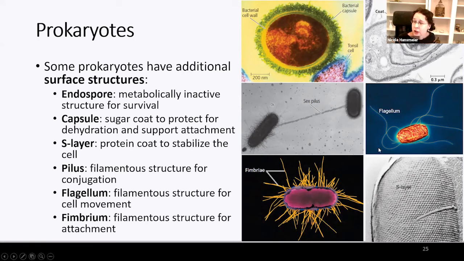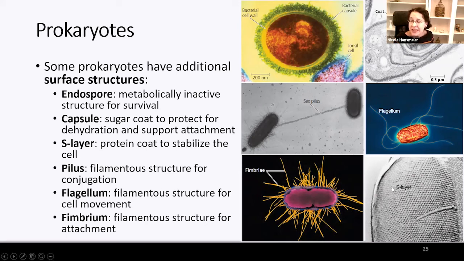And here you see a lot of other stuff. They have structures for mobility, so that they're not immobile, sitting in one place, and can colonize other places, parts for attachment to our cells, and yes, in our gut to settle on them.